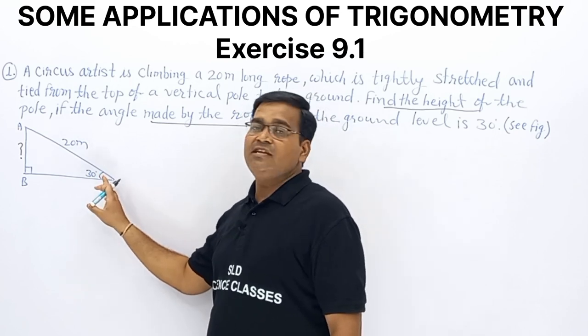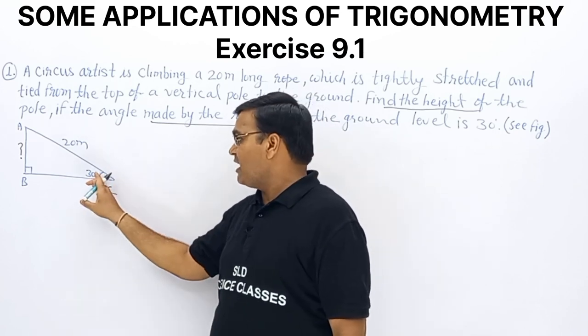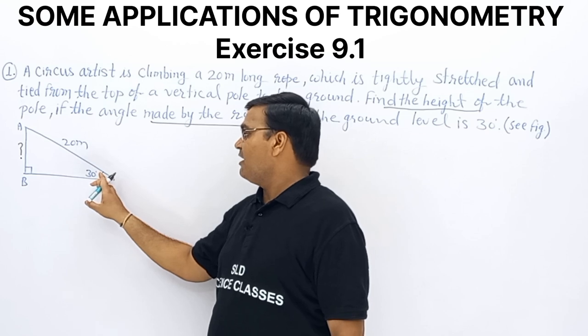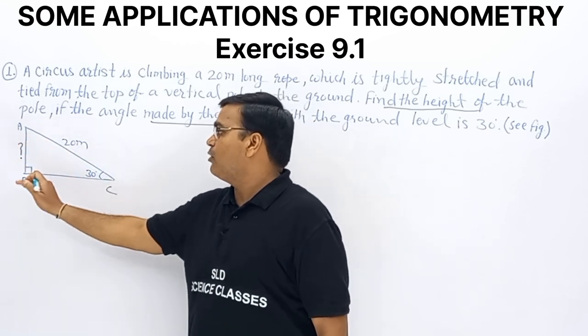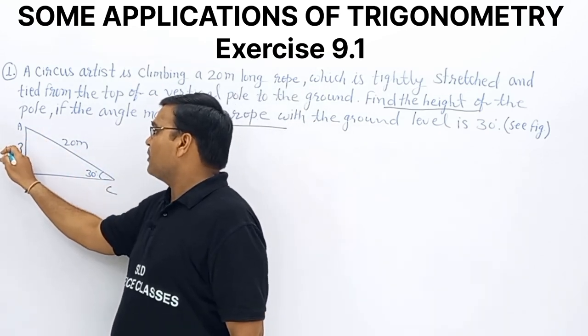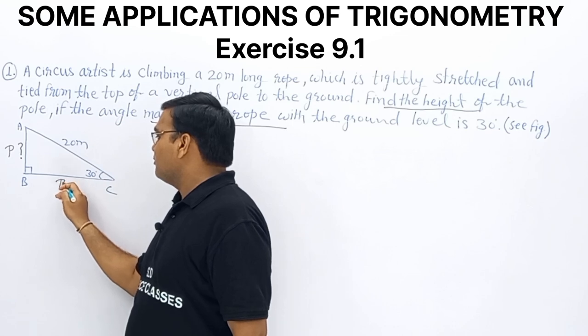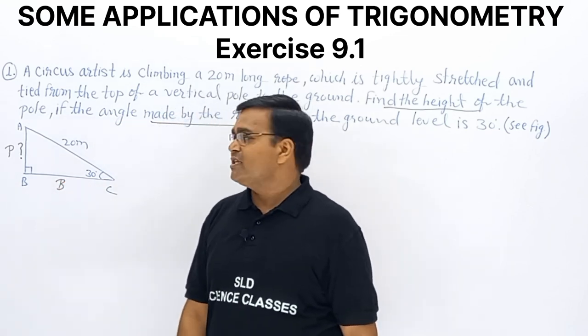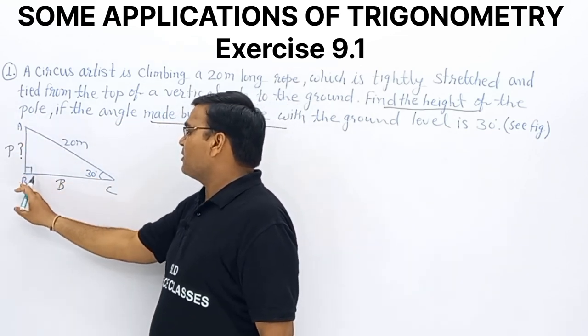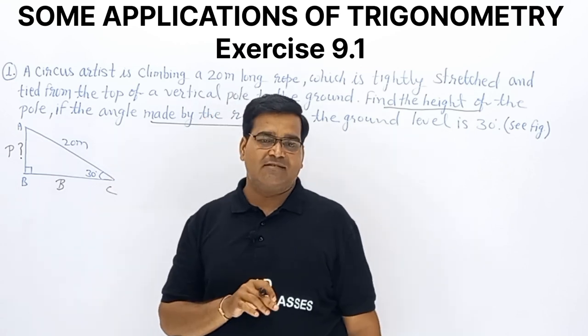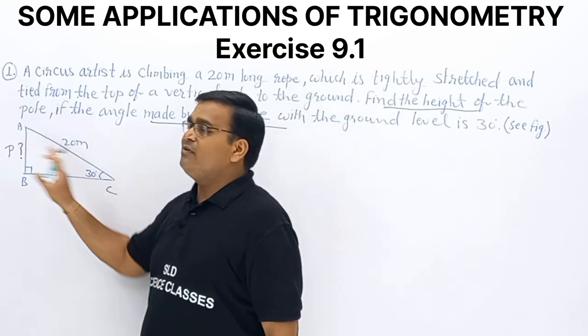This is 30 degree, the acute angle, as a reference angle, and the acute angle's opposite side will be the perpendicular, and this will be the base. It means for this right triangle, AB will be the perpendicular and BC will be the base.